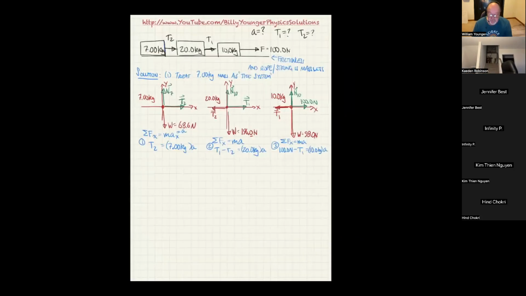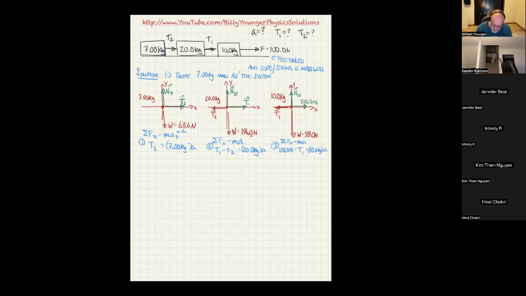Now, once and for all, I'm also going to consider the system to be all of the masses at once. And what you'll see is when I consider all the masses at once, clearly they're going to have a mass of 37 kilograms. But notice I won't have forces like T2 and T1 acting on it because T1 and T2 are internal forces that are holding the system together.